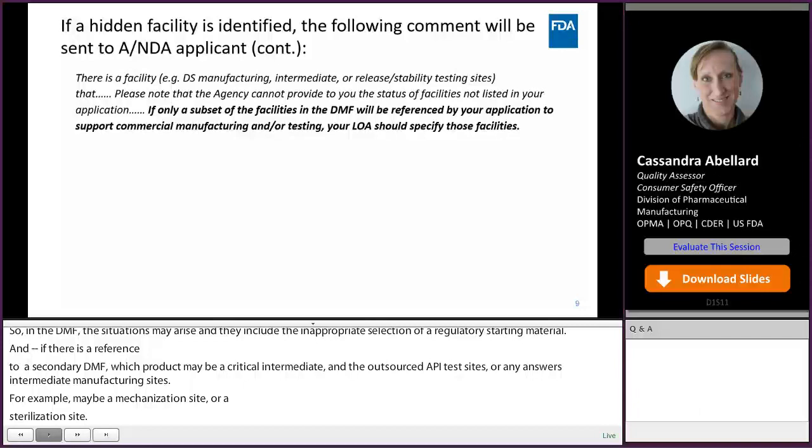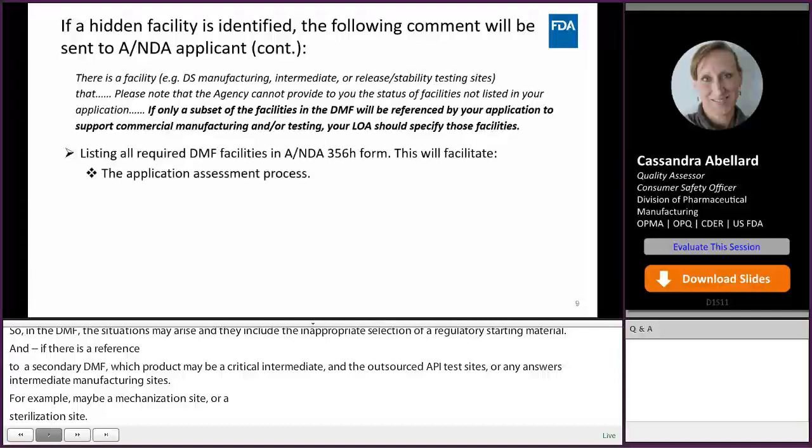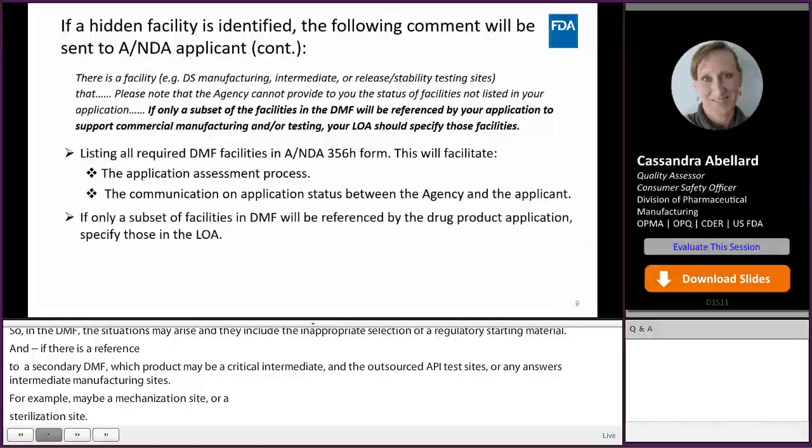Based on that, it's important to list all required facilities in the 356H form. This will facilitate the application assessment process, the communication on application status between the agency and the applicant, and if only a subset of facilities in the DMF will be referenced by the drug product application, those should really be specified in the LOA.